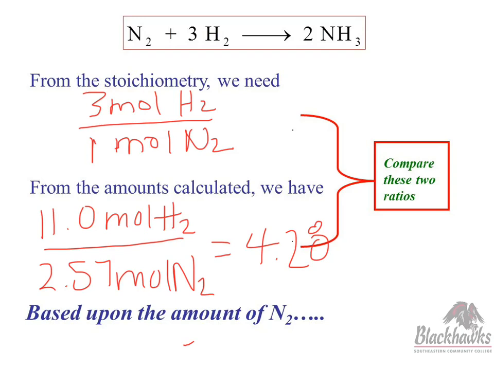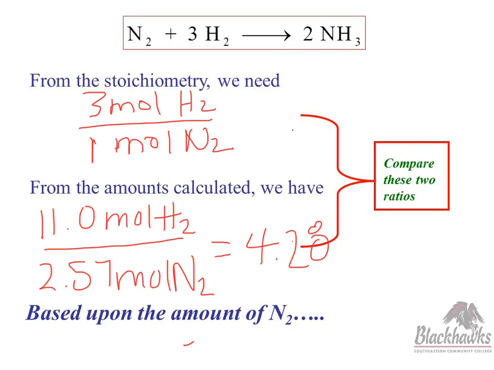So based upon the ratio of what we have versus what we need, what can you say about hydrogen? With regard to hydrogen, we have 4.28 and we need 3.